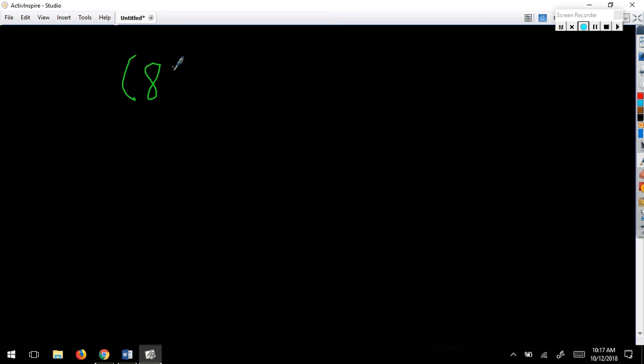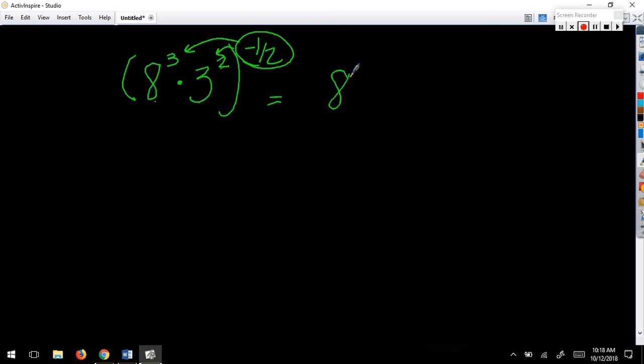If I have 8 to the 3rd times, and this is not necessarily those 2 things I just told you, but I'm just going to run through some examples. That's just something for you to keep in mind. Again, I'm multiplying inside here, but my bases are not the same, my exponents are not the same. So I'm going to look at this exponent on the outside, and here I can distribute this inside. This is nothing different than what we've already done.